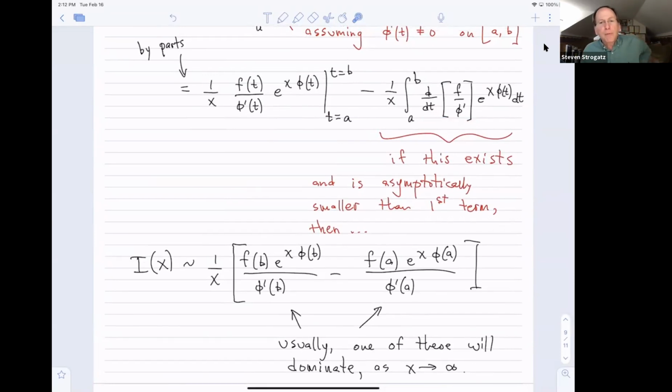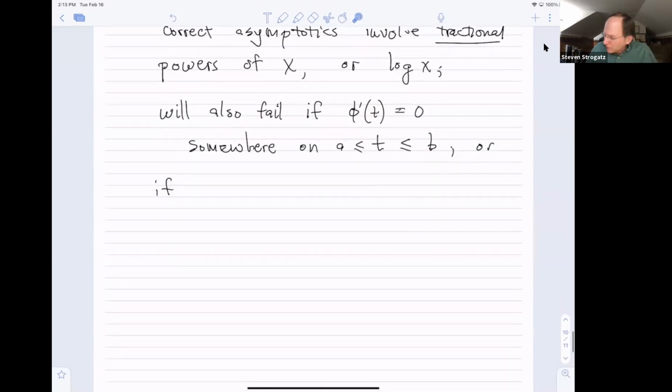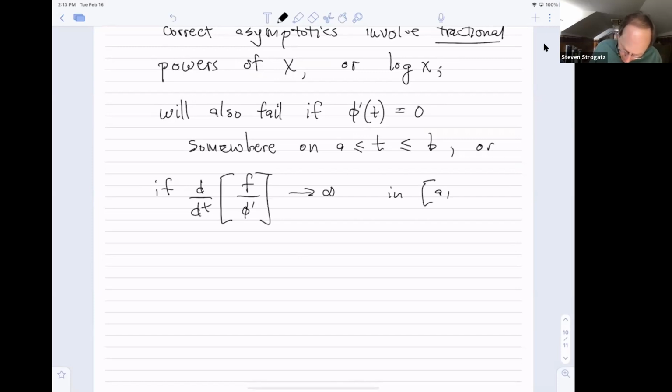If that thing blows up somewhere, that might be a big term, right? That's not going to be asymptotically smaller necessarily in that case. So that's another possible failure mode of the method. It can get into trouble if d/dt of f over phi prime of t goes to infinity in the interval a, b somewhere, in which case the new integral blows up.